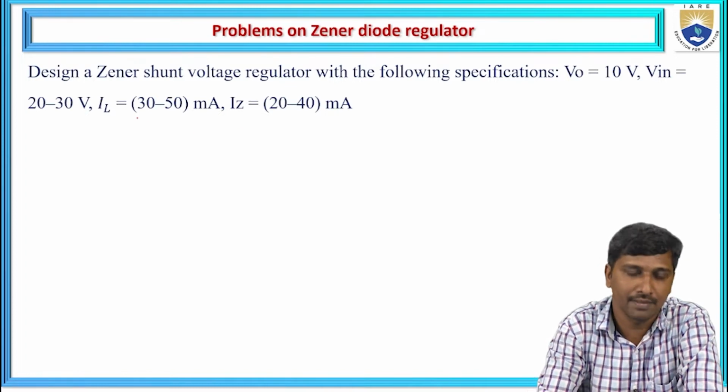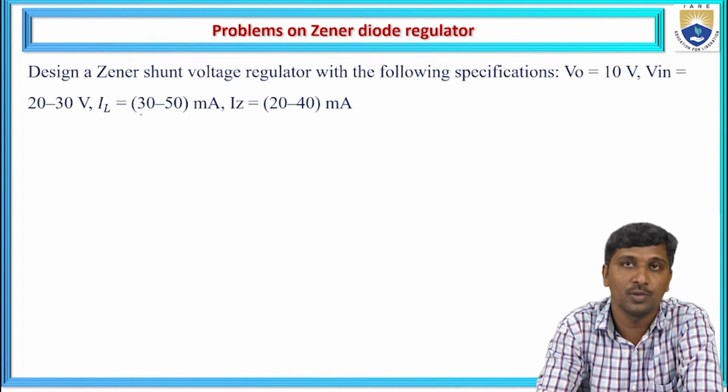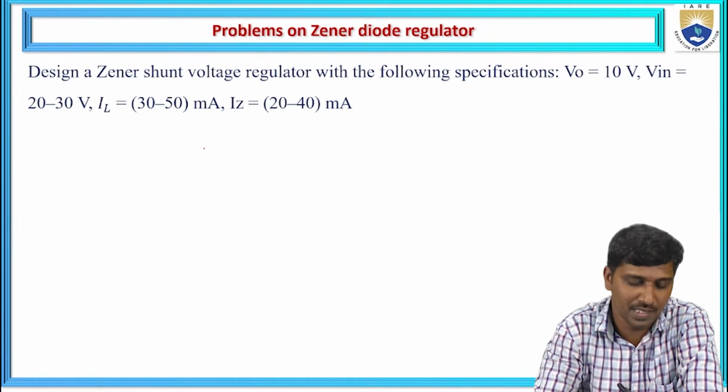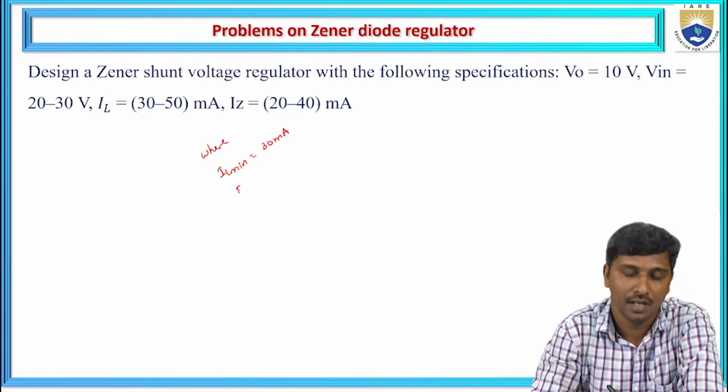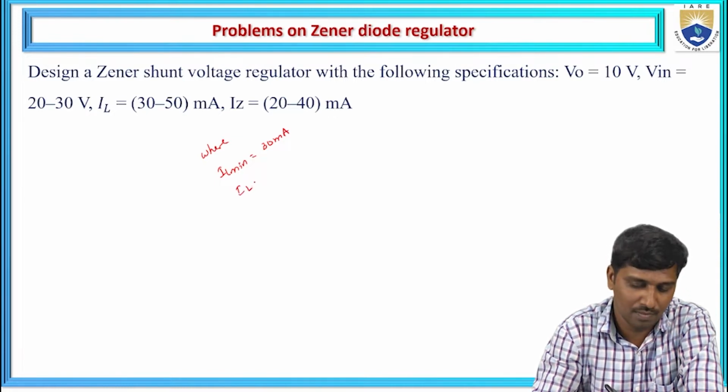So the load current minimum is 30 milliamperes and the load current maximum is 50 milliamperes.